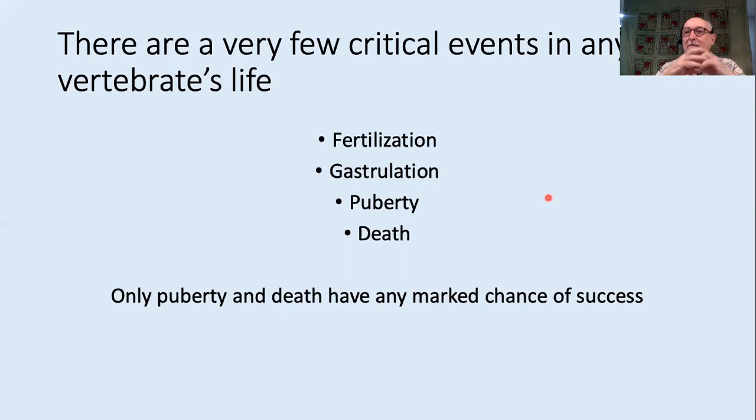The zygote divides, and when it gets to a certain number of cells, an incredible thing happens, that the whole thing folds in on itself and folds in a very complex set of events called gastrulation. And there are many things that can go wrong in gastrulation.